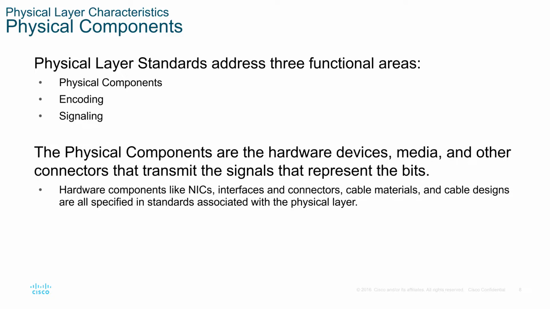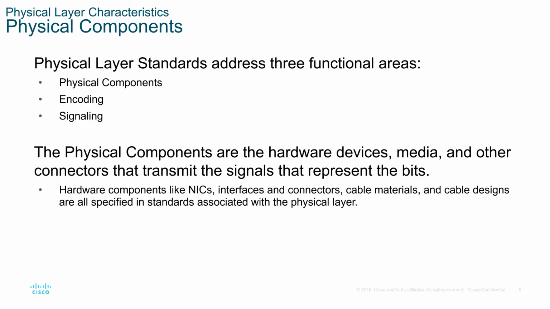At the physical layer, the standards will address three functional areas. The physical components, such as the size, the connectivity, the amount of power that a physical component can handle.